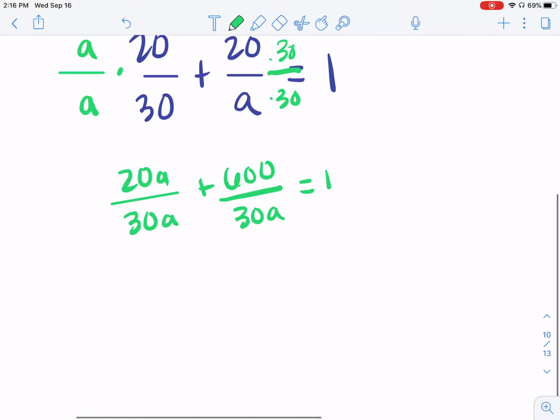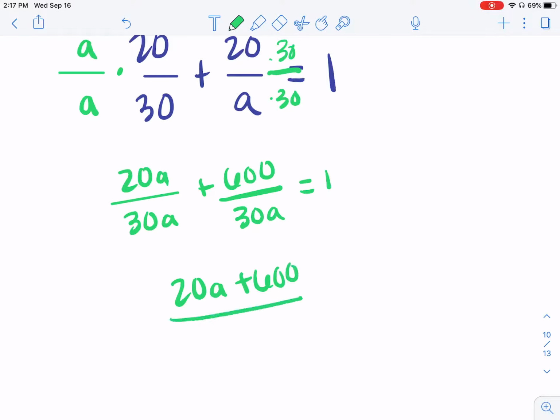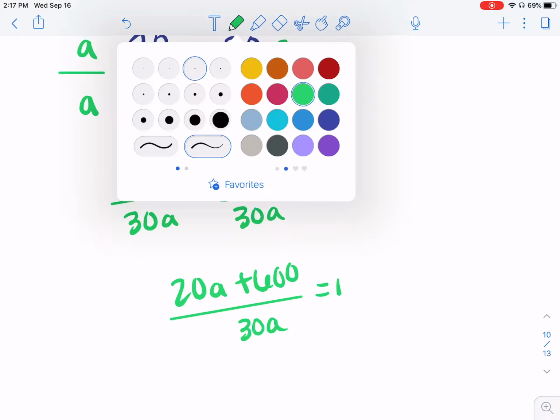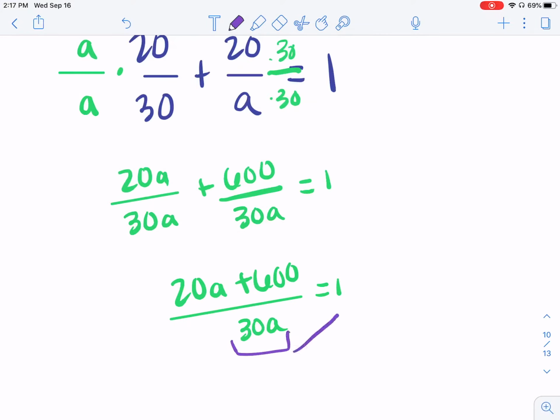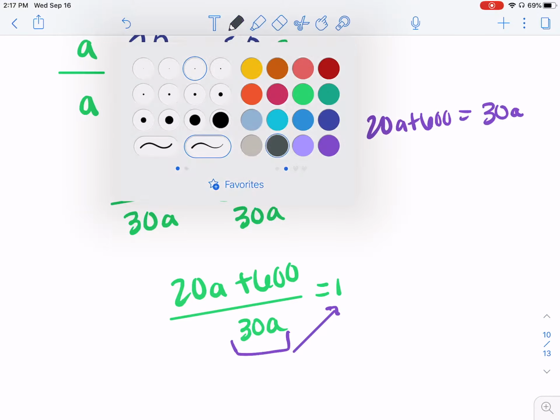They have the same denominator, so I can go ahead and combine like terms. And now we're ready to cross multiply.